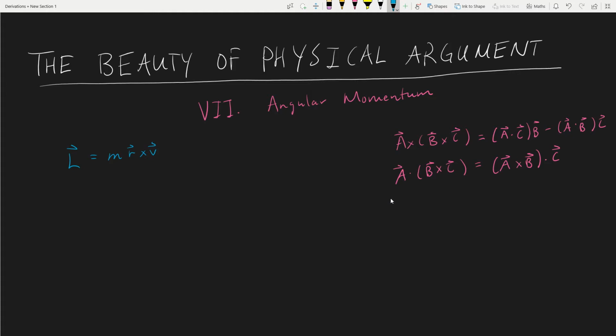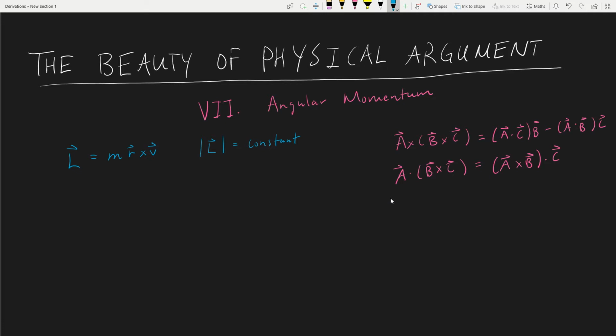What I'm going to tell you is that the magnitude of the angular momentum is constant. Getting back to the first thing I said, I can't prove this. All we can do is measure it and know that it's true.